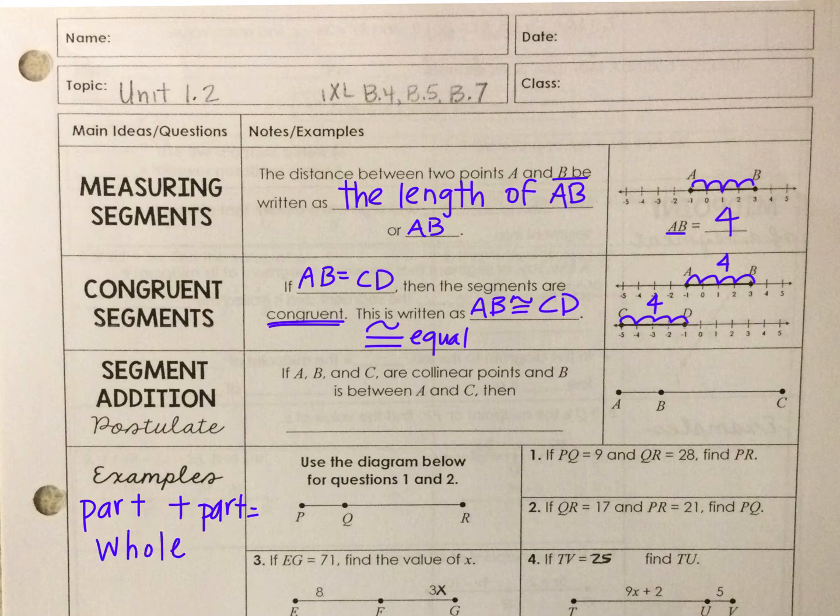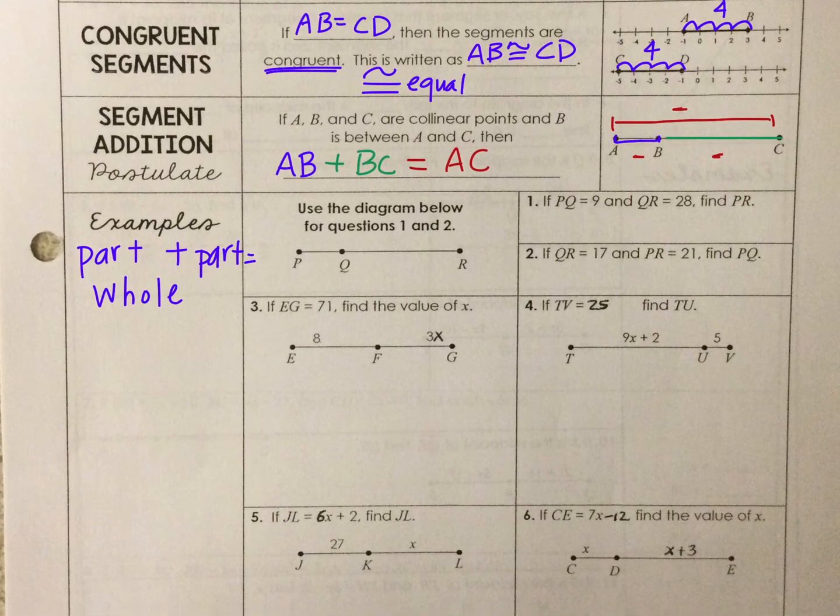So what that means is this part from A to B, part AB, plus part BC is going to equal this whole thing, which is AC. A part plus a part equals a whole. So let's use that information to solve these equations.